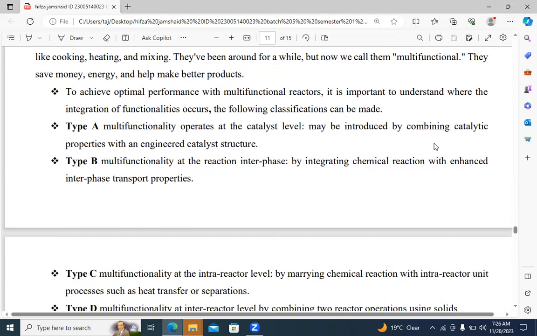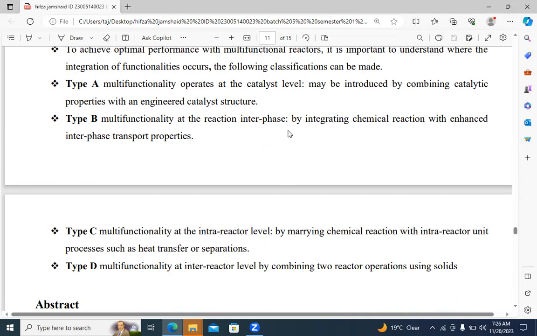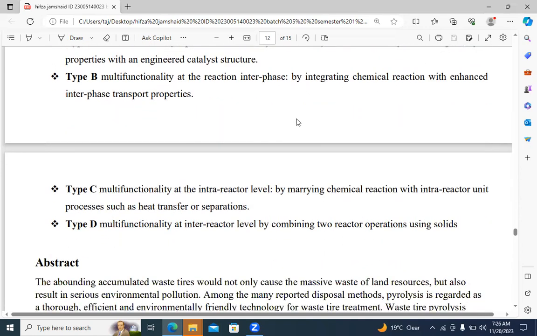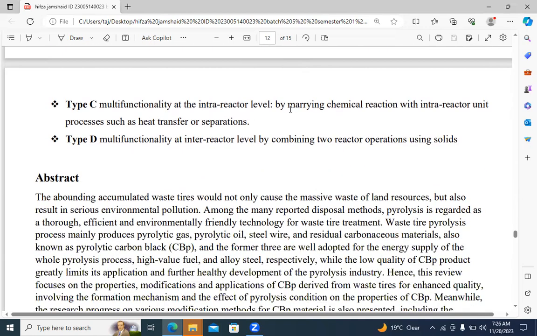So there are different reactors. For example, the type A multifunction reactor has different functions. The type B multifunction reactor, where the catalyst function is performed, has an interface present between the reaction systems. Then the intra-reactor level is called type C multifunctionality, that is a reactor within the reactor, for example heat transfer and separation.